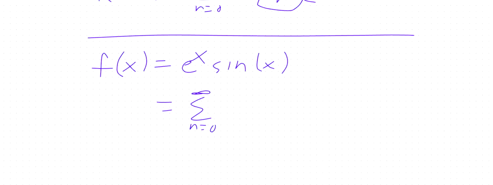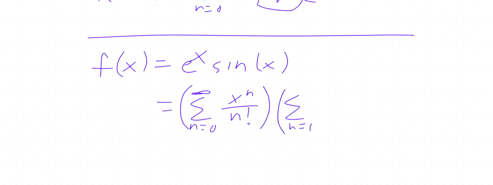Multiply our individual Maclaurin series. And we'll say here a equals 0 to establish its Maclaurin series.